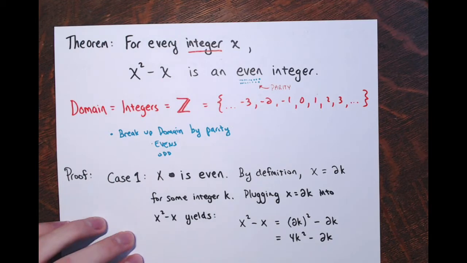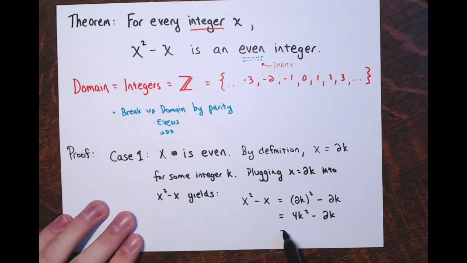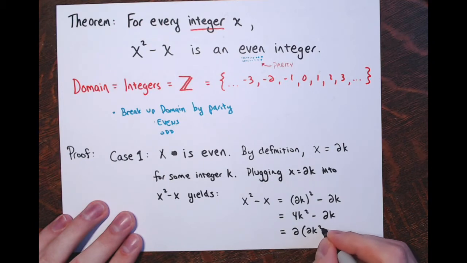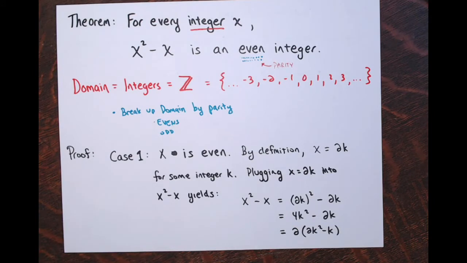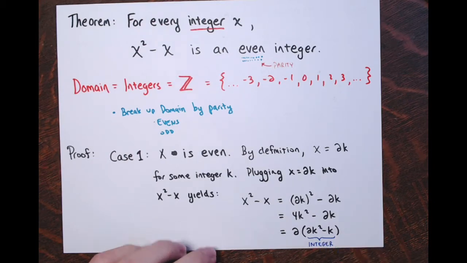And hopefully you can see that I can write this expression as 2 times an integer. I can factor a 2 out: 2 times the quantity 2k squared minus k. Usually I write a full sentence for this, but just to save a little time, I'll put a little brace under here and say this would be an integer, wouldn't it? 2 times 2k squared minus k.